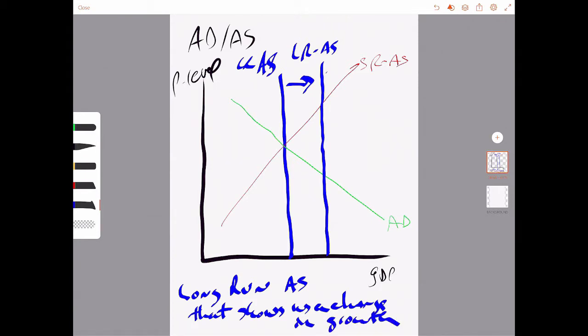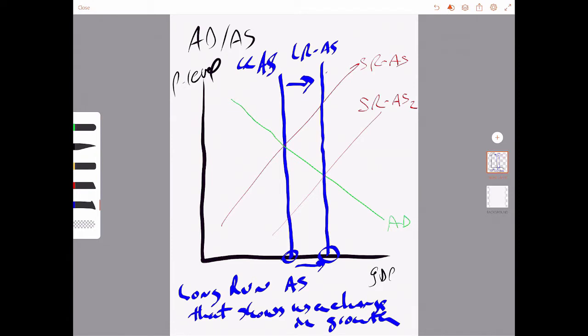But when the long run curve shifts, the short run curve shifts as well. So to get us back into equilibrium, we're going to have a short run curve shift as well. And this is growth, because look what's going on along the GDP axis. We start right here, and then we move to the right to this point over here.